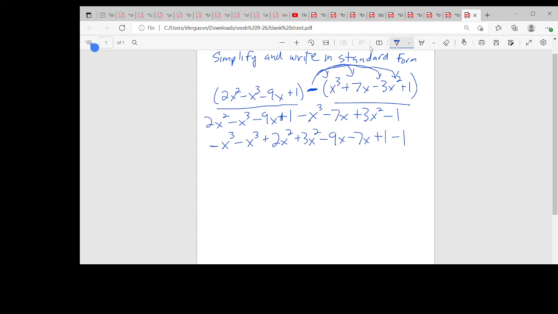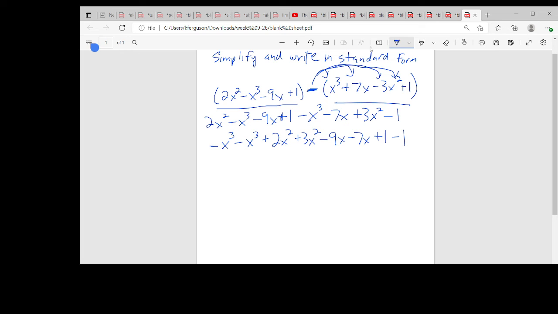So anyway, Prince. What's going on with this is I just rearranged the problem, put everything that was alike next to each other. So right here, I got negative x to the third and negative x to the third. So I'll put them there.